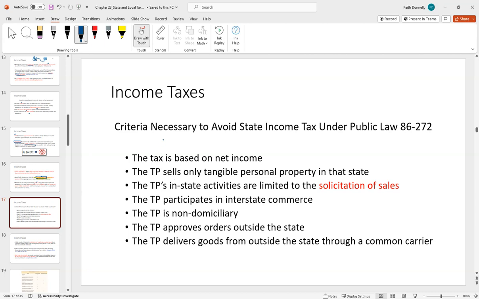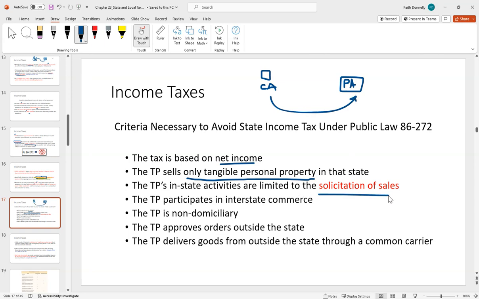So what's going on here? What's the criteria? When are you protected? You are that California business over here. When are you protected or shielded from Pennsylvania taxing you? Well, when the tax they're trying to impose is based on net income, when all you're doing is selling tangible personal property in the state, when what you're doing in Pennsylvania is limited to solicitation of sales.